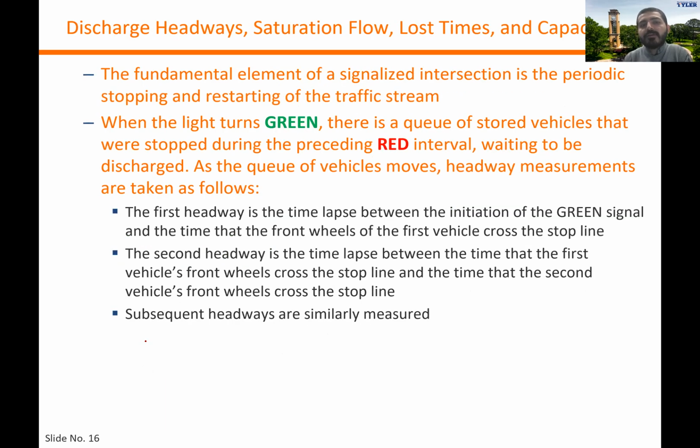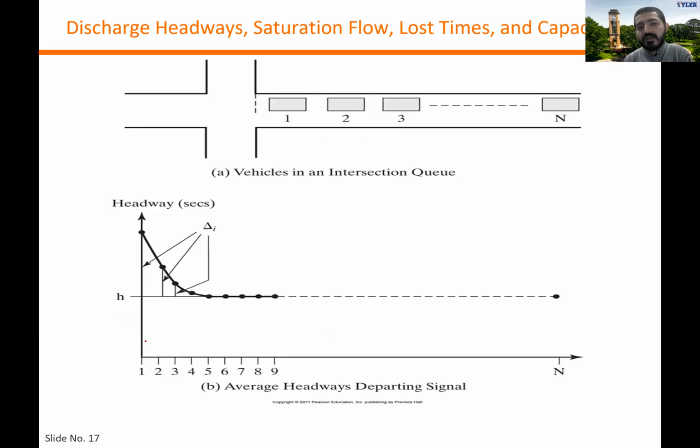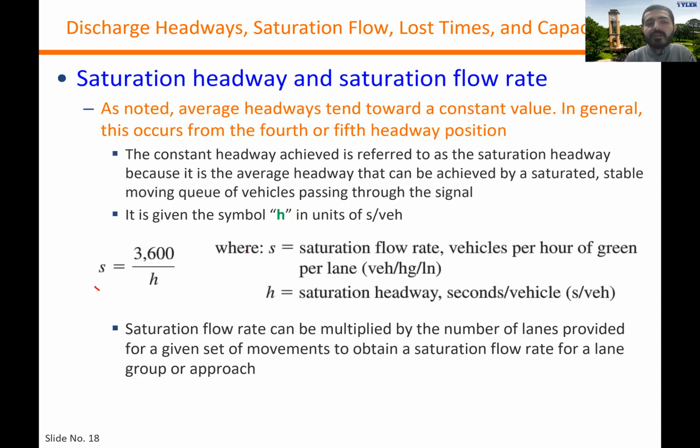Then we start on some of the major part of this chapter, which is lots of calculations, talking about the concept of discharge headway, saturation flow, lost time, and so on. One of the equations that we started with was the saturation flow rate. How do we get the saturation flow rate?